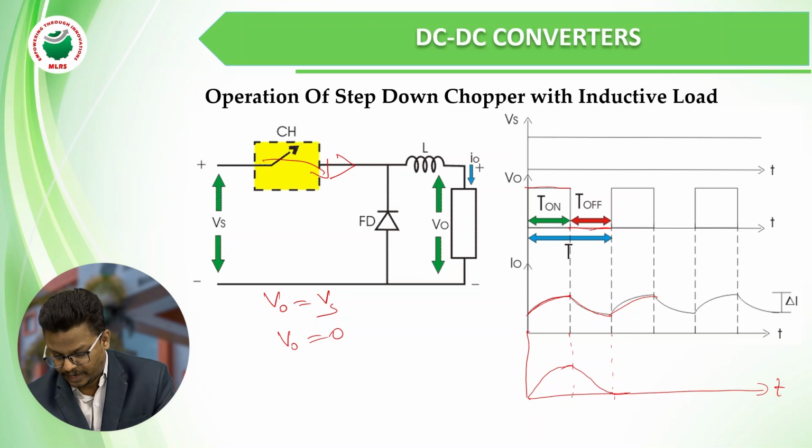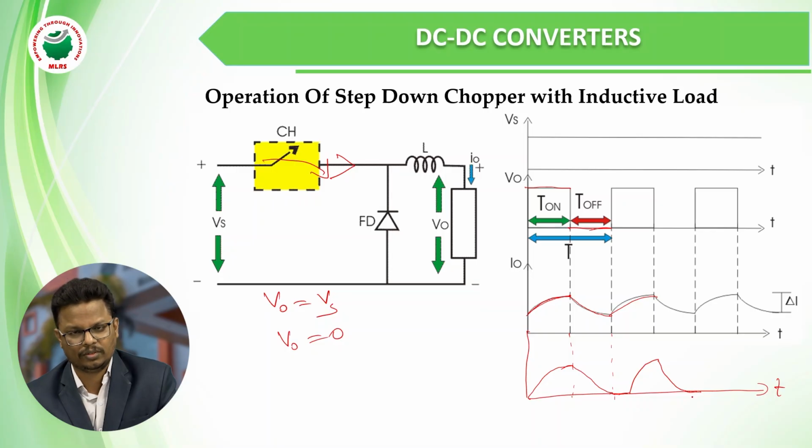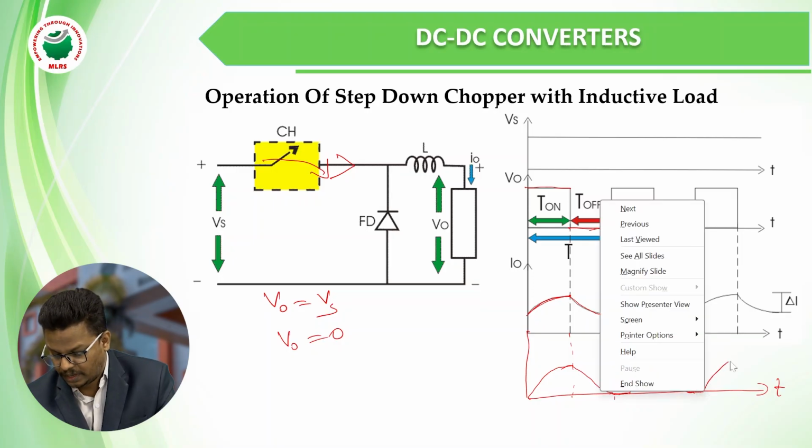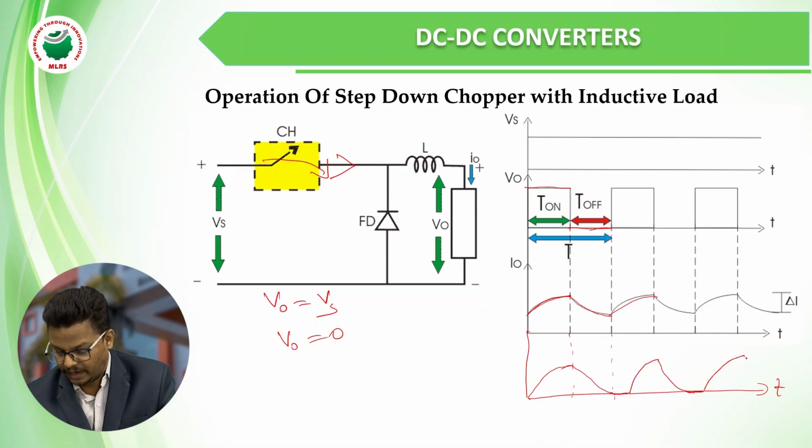After some time period, the switch is on. When the switch is on, again it increases, again it decreases. Here again the inductor voltage is 0 and the output is 0. Again when the switch is on, it increases, again it discharges.